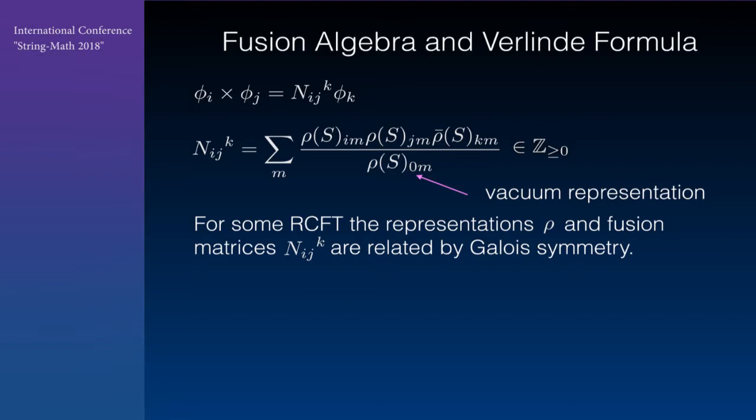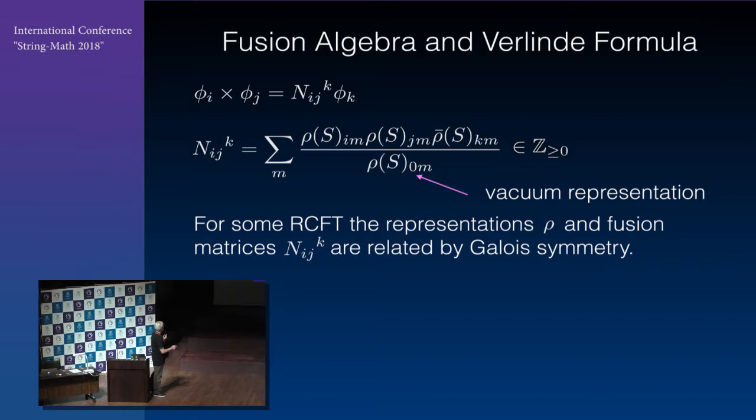So one other important ingredient is that there's a fusion algebra determined by the Verlinde formula. So given a representation rho of S, one can look at the fusion of primary operators. The tensor product contains the primary operator phi k with some multiplicity N_ij^k, and these multiplicities are famously non-negative integers, which are determined by the representation rho of S given by the Verlinde formula.